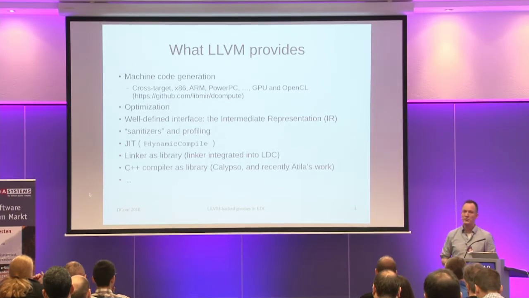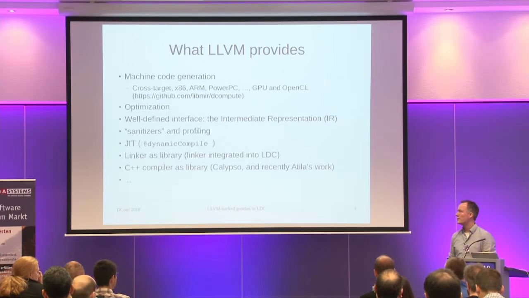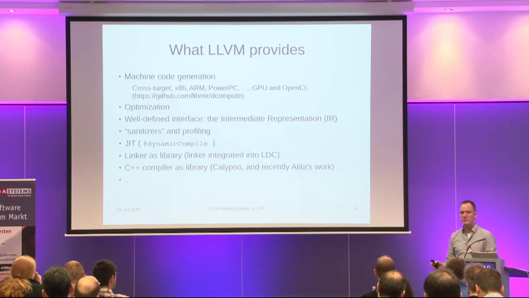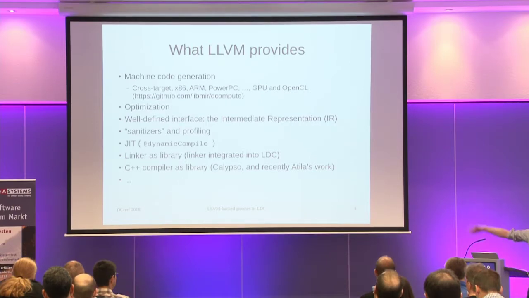The linker as a library enables us to integrate a linker into LDC so that you have even a cross-linker, because the linker that LLVM provides is also a cross-linker. I think it works on some platforms and it doesn't work too well on other platforms just yet. All right, and there's much more that LLVM provides.